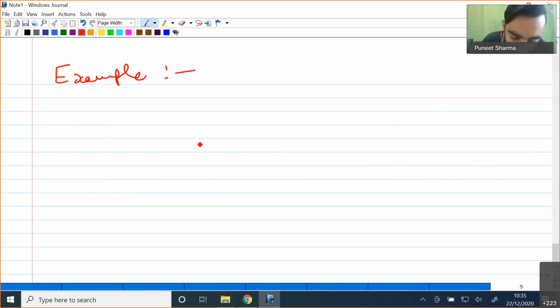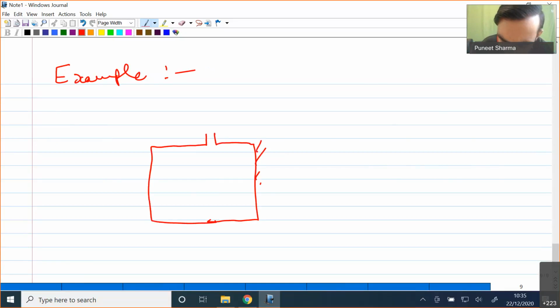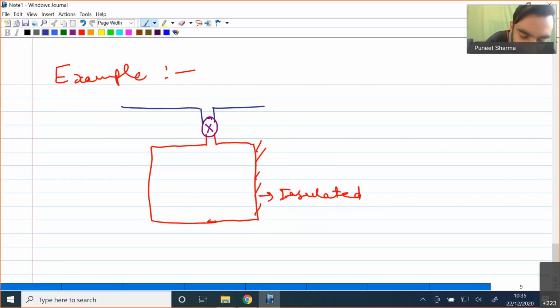Okay. So what I am doing, I am considering that I have one well insulated tank. So this tank is completely insulated. In this insulated tank we have a valve over here, and this valve is connected to a certain line. Say in this line we have a stream which is flowing.